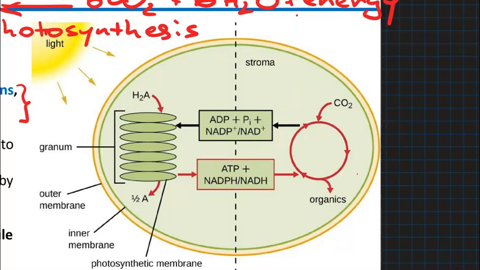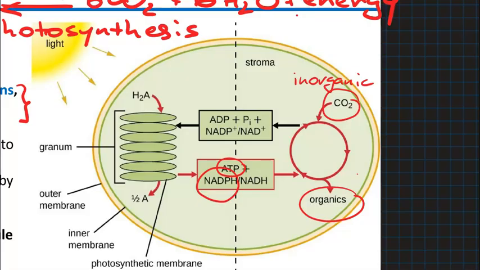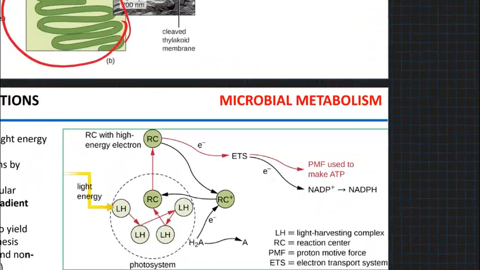The goal is to harness the energy of light to produce ATP, which is an energy source, and NADPH, which is an electron carrier, to generate some high energy electrons. These electrons and ATP are then used to convert inorganic molecule of carbon dioxide into organic molecules, which we call carbon fixation. So let's take a closer look at how this works.